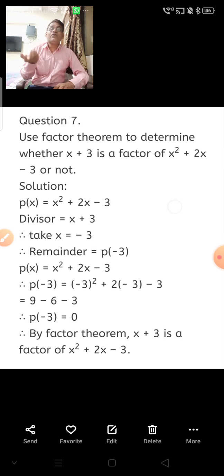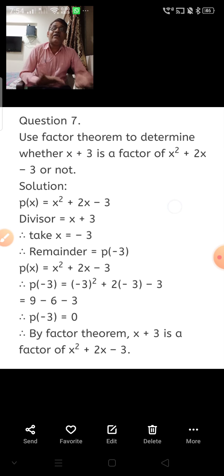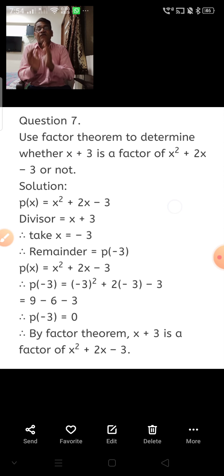So first you have to find the remainder. If you get remainder 0, then that divisor is a factor of the given polynomial or dividend, otherwise it is not a factor of the dividend.